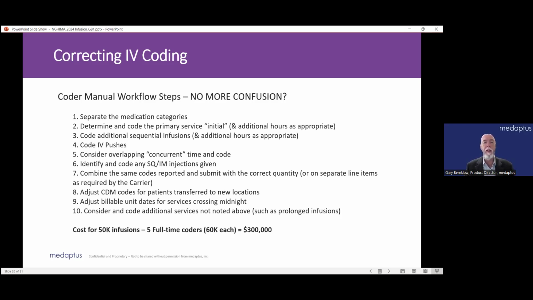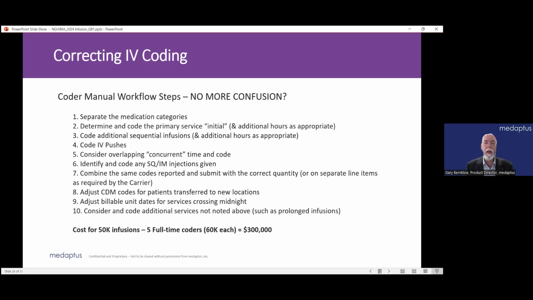You have to make sure that CDM codes match up with those specific units if your organization uses CDM codes. You have to adjust the billing dates if the patient was crossing midnight for each one of those units that came through. And you have to consider and code additional services not noted above, like a prolonged infusion. It gets handled differently, right?